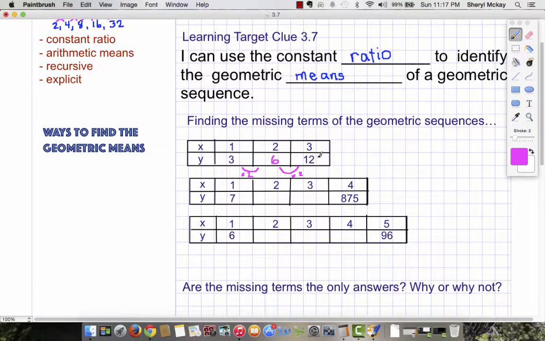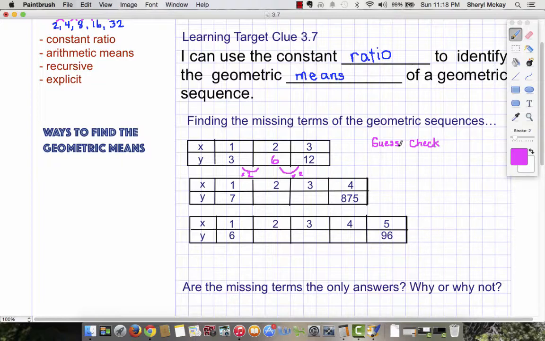Why don't you go ahead and take a minute and write and explain how you figured out what that missing term was. Now, some of you may have used our traditional guess and check, where you just started trying out some things.